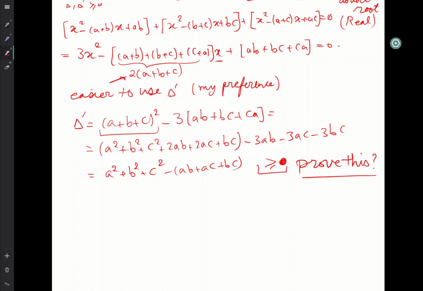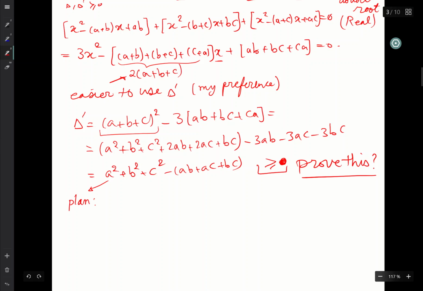Let's see. How do we prove this? In order to prove this, I'm going to use a very interesting tactic. So my plan is like this.